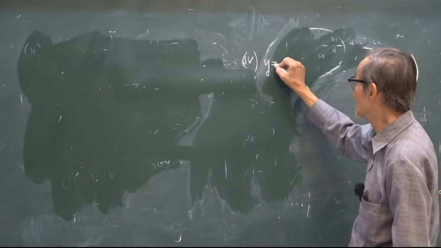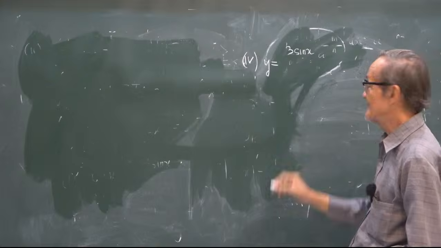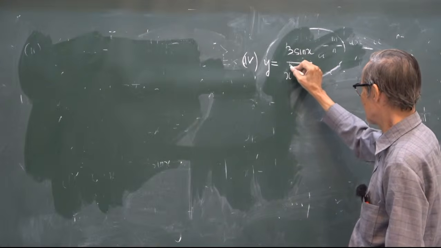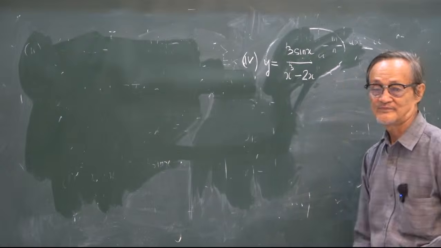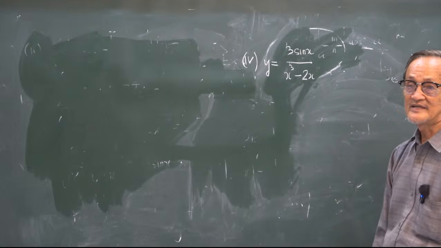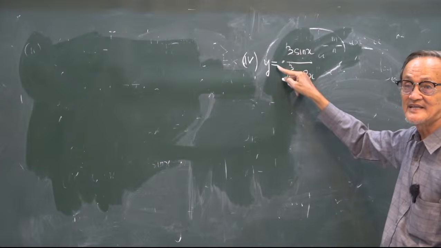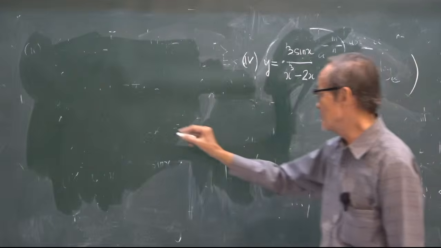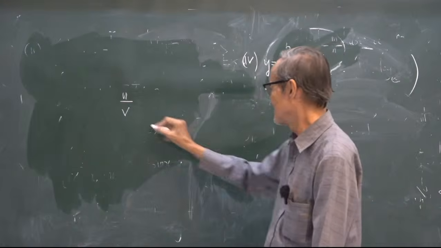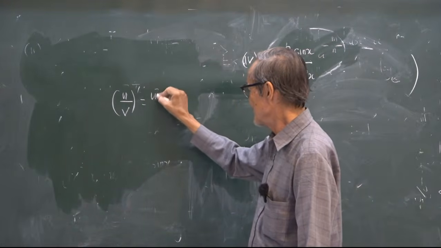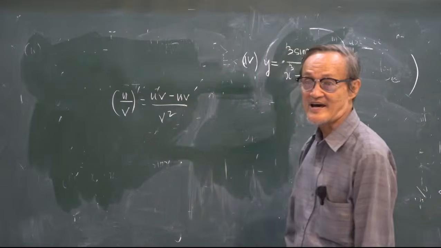Y equals 3 sin x over x power 3 minus 2x. Here the final operation is divide. So we use the formula for U over V: the derivative is U prime V minus U V prime over V square.